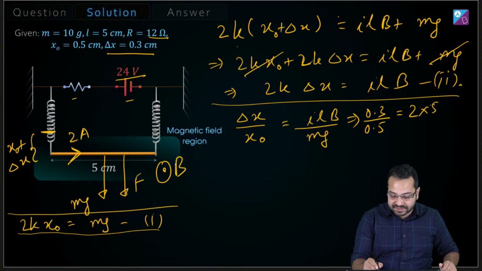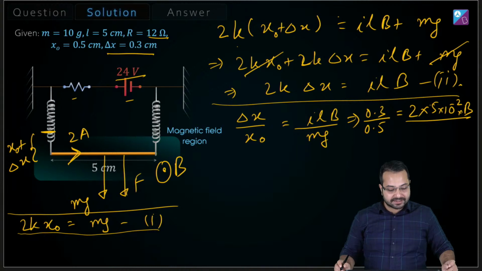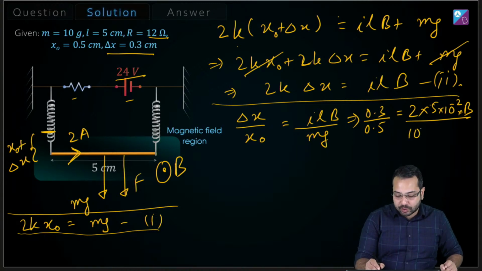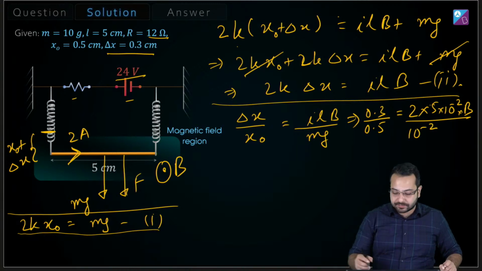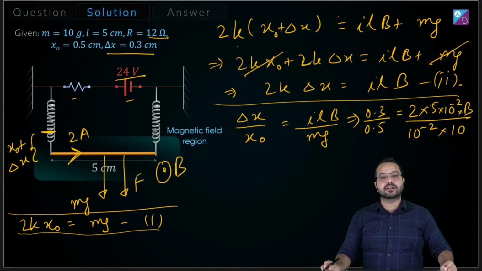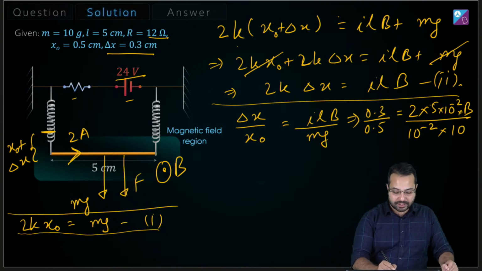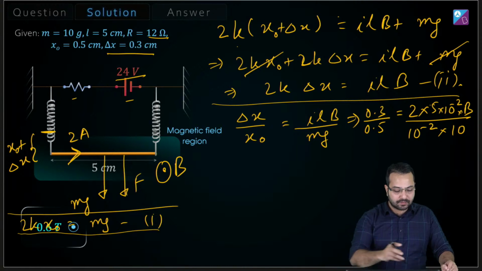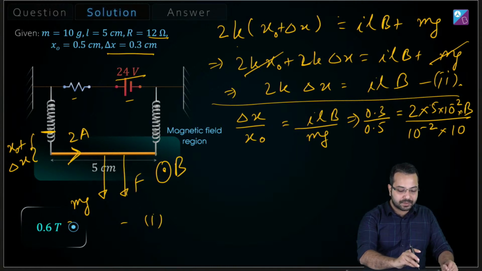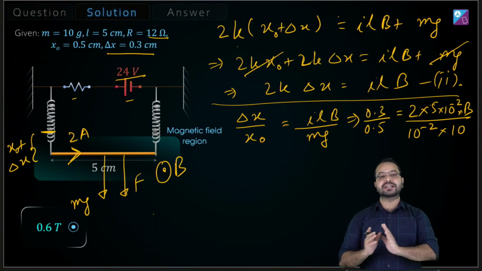L is 5 centimeter, so 5 into 10 to the power minus 2. And B we have to calculate. Then m is going to be 10 to the power minus 2 kg, and g is going to be 10. Is that correct? So that is going to be my equation. If you solve this, simple calculation, you're going to get B equal to 0.6 Tesla.